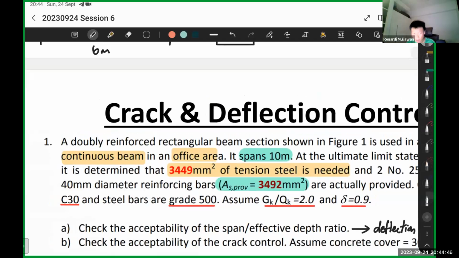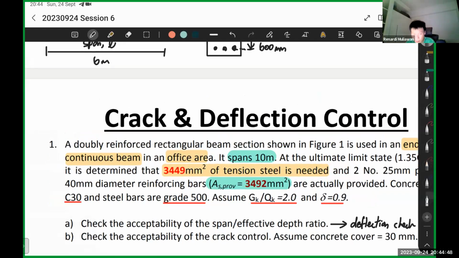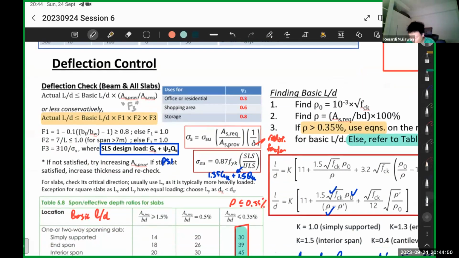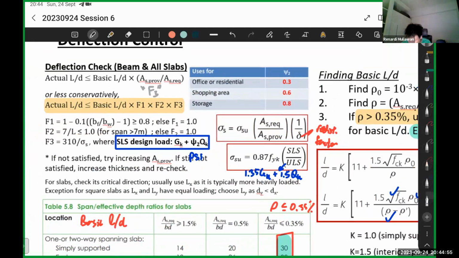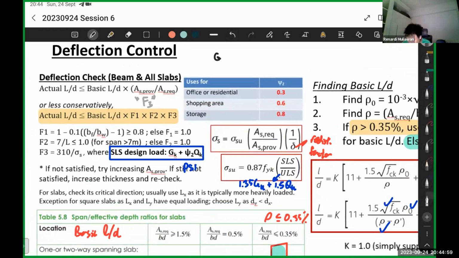This one is in the office area. So if it's an office area, the SLS design load is GK, the same, plus psi2, which in office is 0.3, times QK.